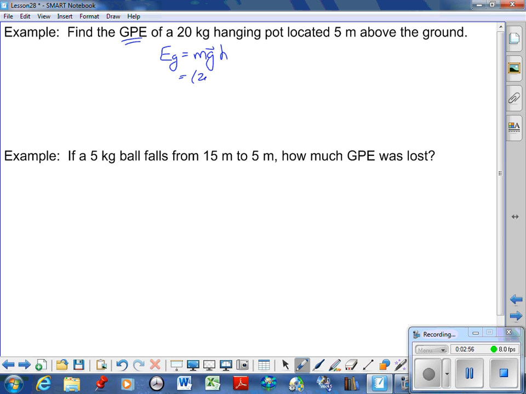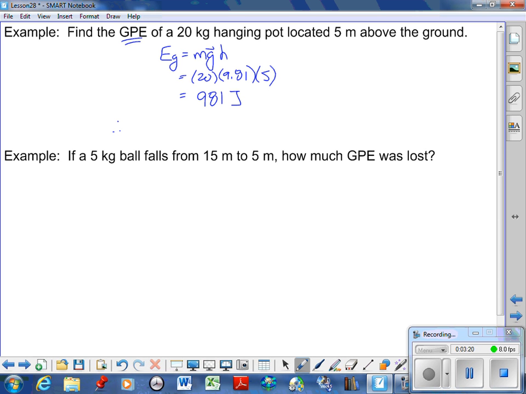The mass is 20, gravity is 9.81, and the height is 5. There's really no catches with the algebra in this unit. If you were waiting for one, hate to disappoint you, but nothing's coming. That ends up being 981 joules.